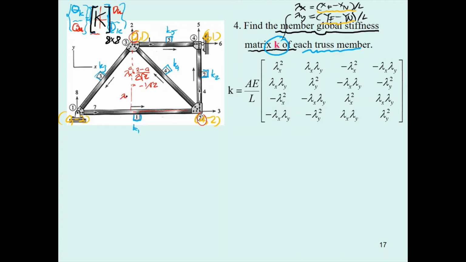Okay, and if you'd like to determine lambda sub y, this is going to be y sub f, y sub 1 minus minus 2. This is going to be 1, and then minus minus 2, divided by 2 square root 2.